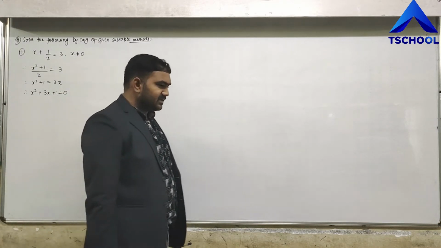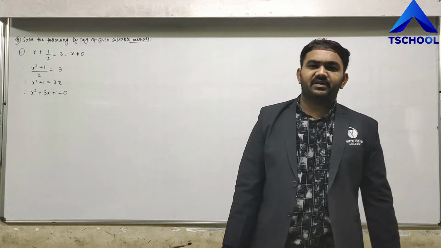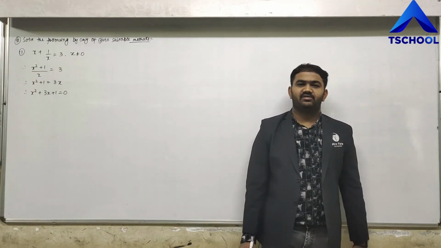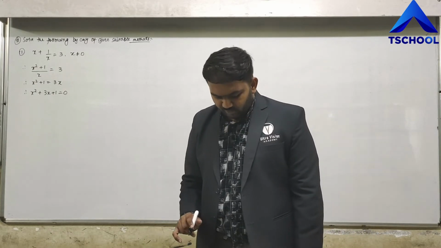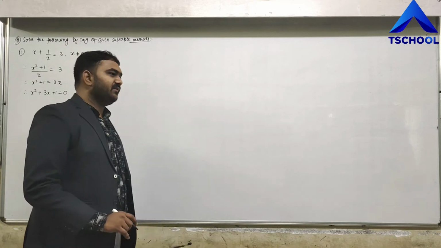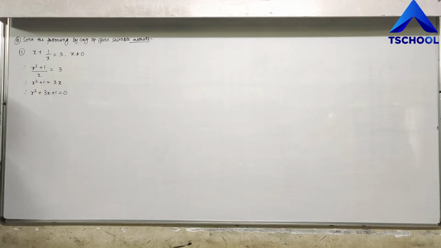Note that friends, the equation given to us here right now is a quadratic equation, but you cannot simply factorize this. Can you? No, because the last term is 1 and the first term is also 1, so 1 into 1 will be maximum 1, and we cannot write 1 as a sum of 3, right?